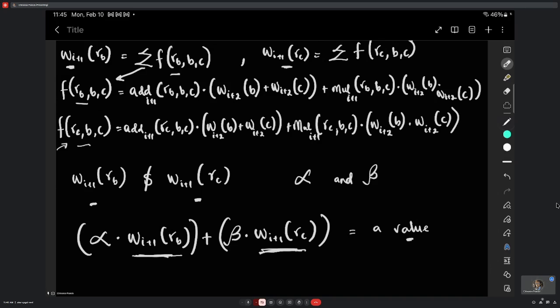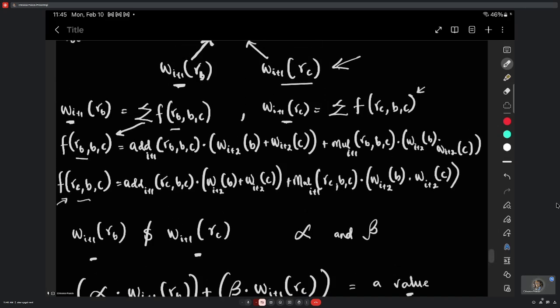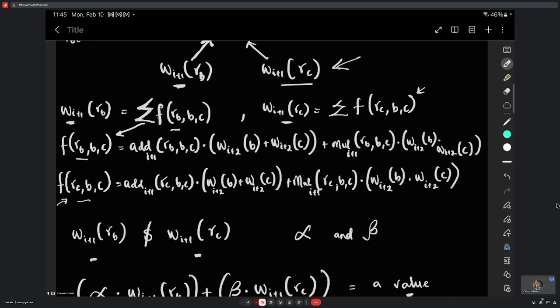Okay. I thought we were combining W_{i+1}, W_{i+1}. I didn't know it was the F polynomial. You can still think of the W_i as a relation, right? Yes, it's a relation, but what are we actually combining? We're combining W_{i+1} evaluated at r_b and W_{i+1} evaluated at r_c. But W_{i+1} in itself is made up of the sum of f.